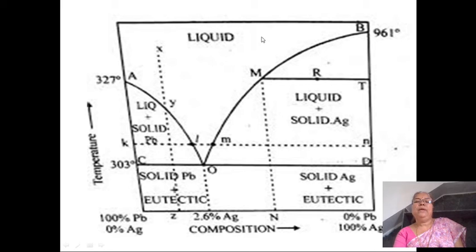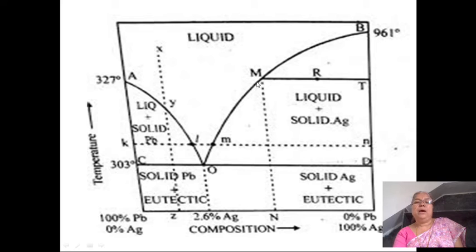Suppose we have a liquid composition and we cool this, and if we reach this point M, which is on the curve BO, at this point we separate a solid, here solid silver.